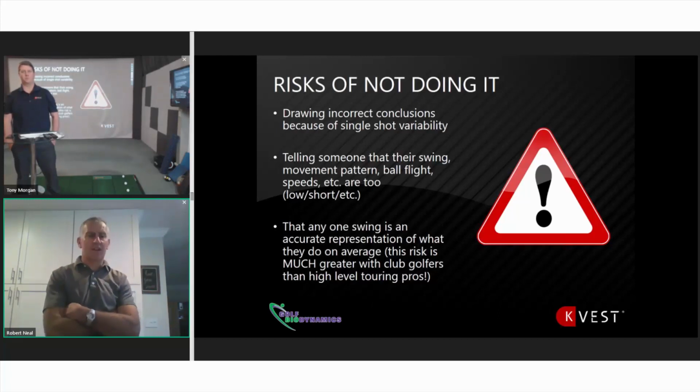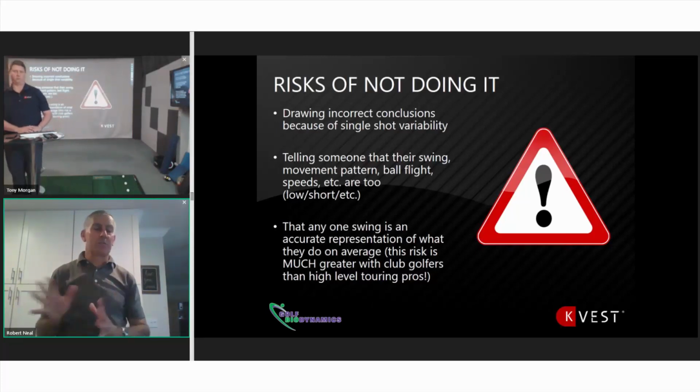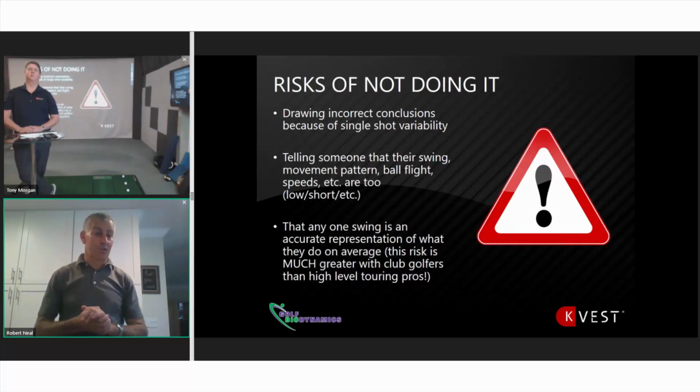If you got a set of data, the guy's got the perfect kinematic sequence on this one swing, and it's an outlier, you'll go, well, we don't need to worry about your sequencing, do we? And off you go. You make the wrong decision, and then you look bad rather than looking good for doing the 3D work.